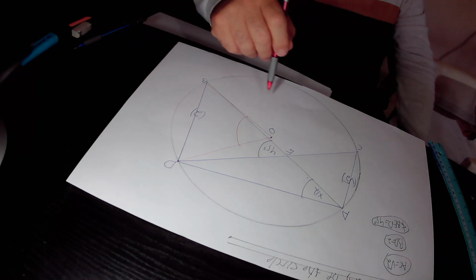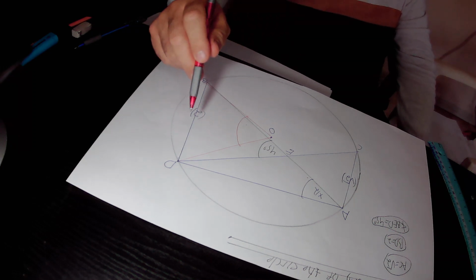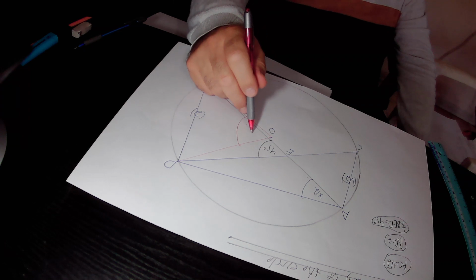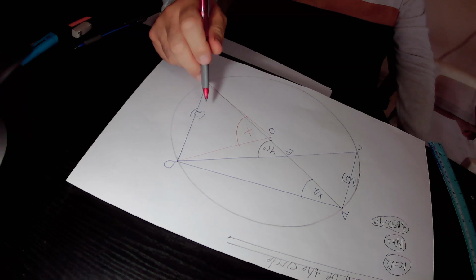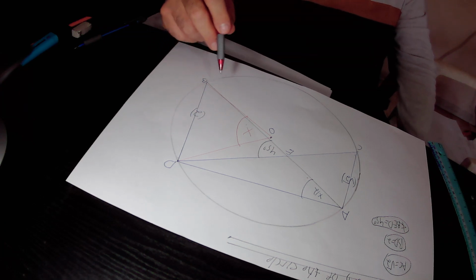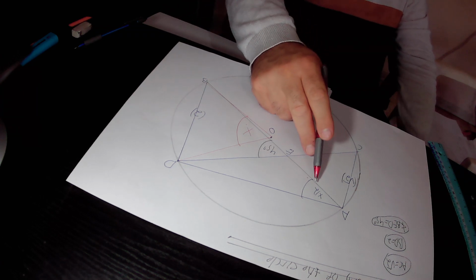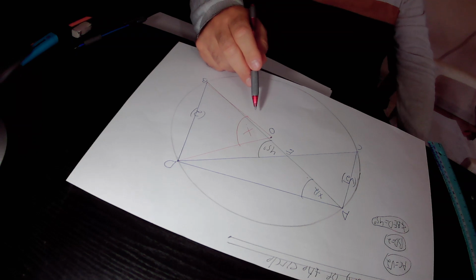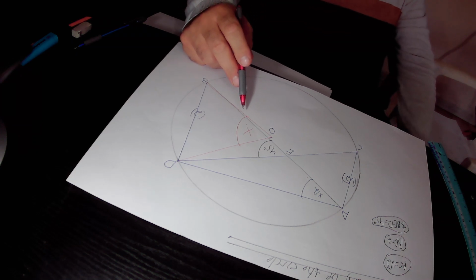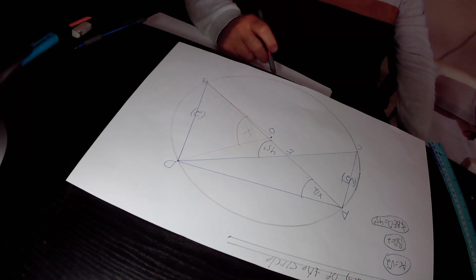The size of peripheral angle BAD is x over 2, so the size of the center angle BOD must be equal to x.